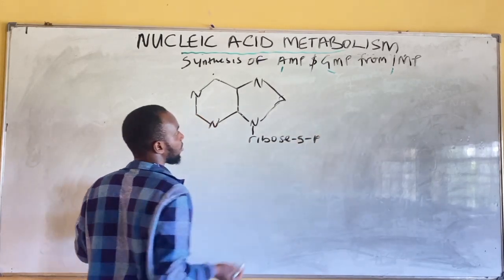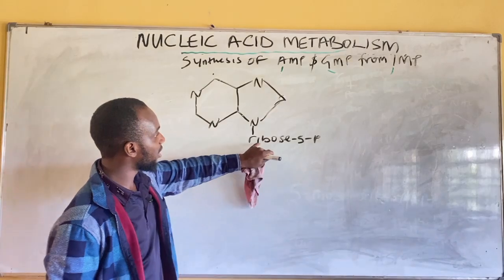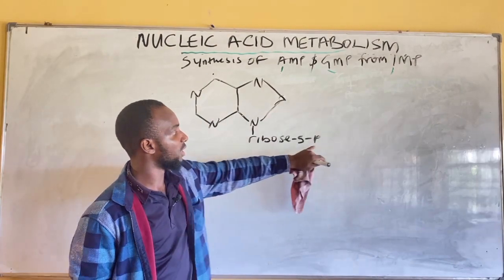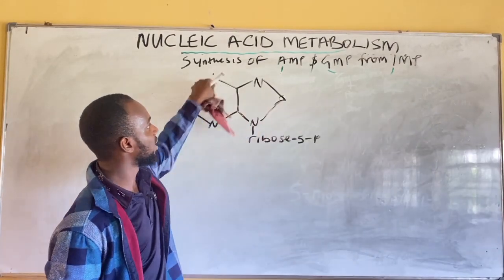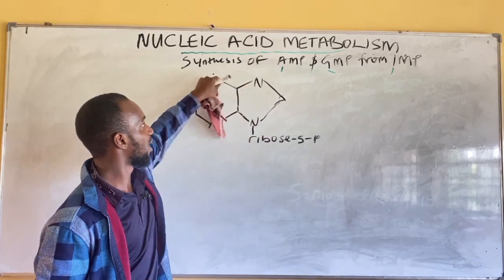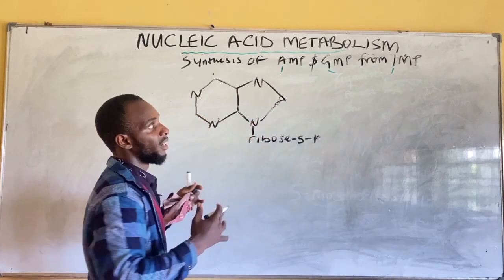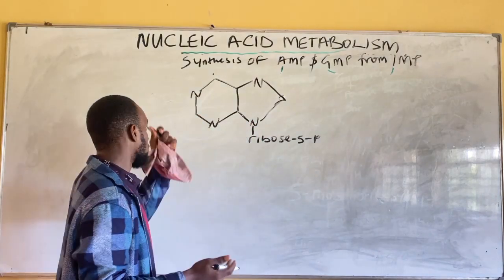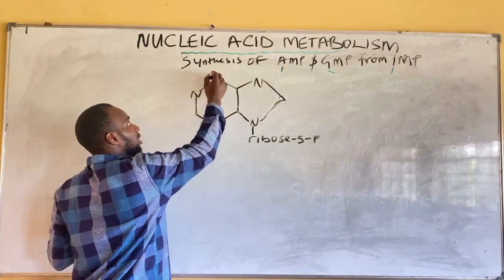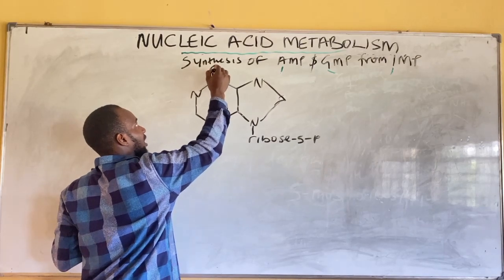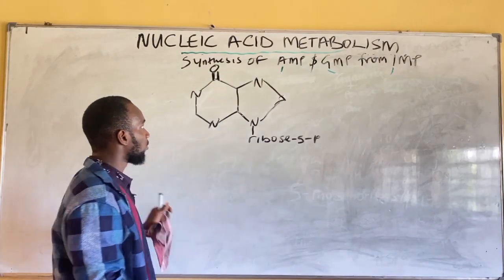Let me write it like this: ribose 5-phosphate. The ribose is the pentose sugar, then the phosphate group, and then the hypoxanthine. All combined is IMP, inosine monophosphate. At this carbon here, there is an oxygen atom that is doubly bonded.